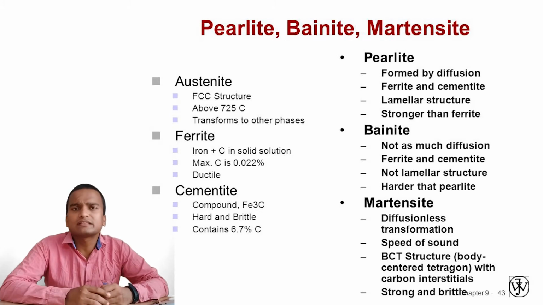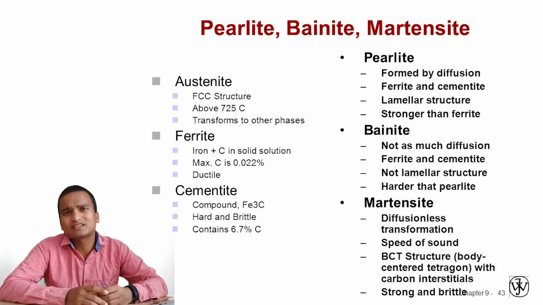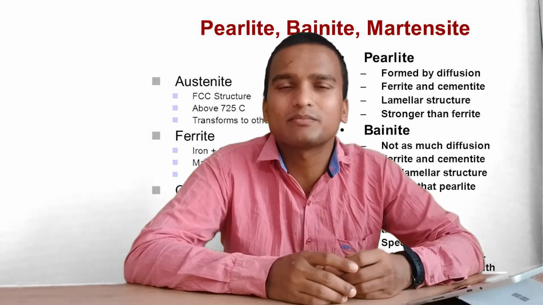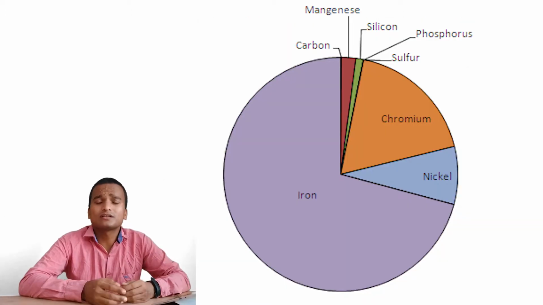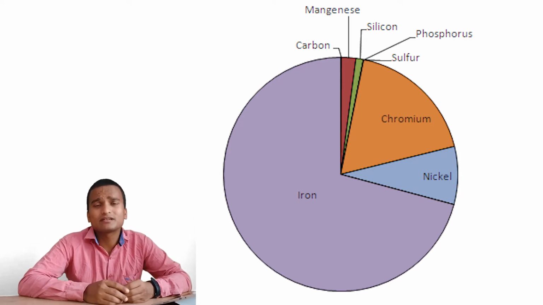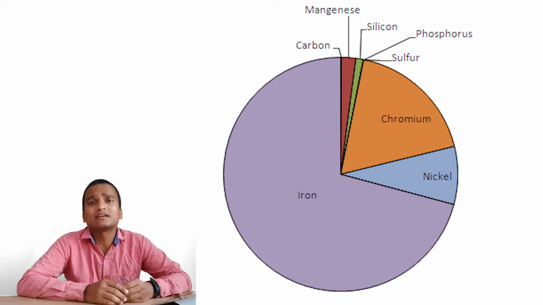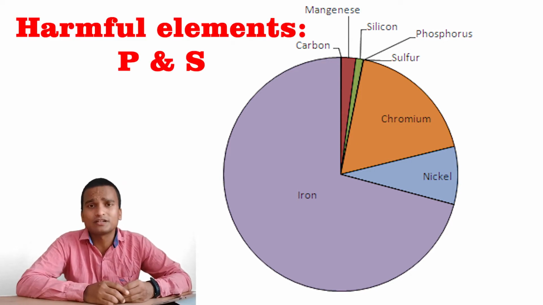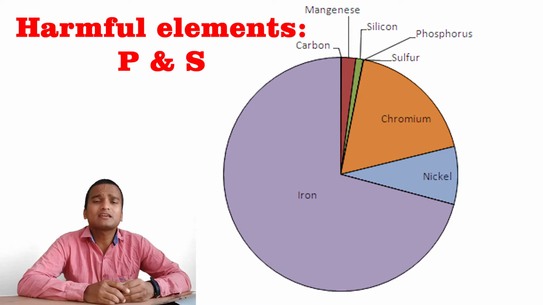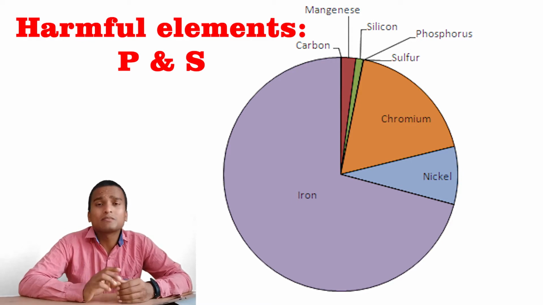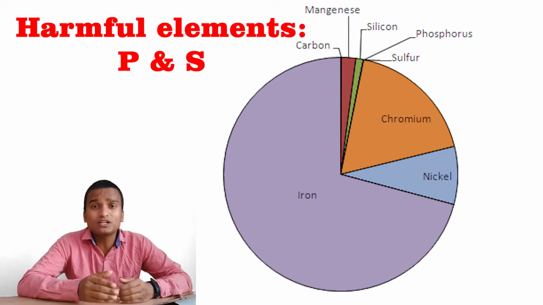I am not discussing the different kinds of steel alloys which have different names, because that is also out of syllabus and will take much of our time. So let us discuss what other elements are present in steel. Besides useful elements, there are some harmful elements also present in steel, like phosphorus and sulfur, because these two elements eventually form phosphides and sulfides, which are very harmful to the toughness of the steel.